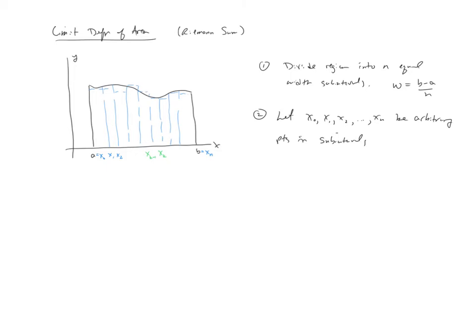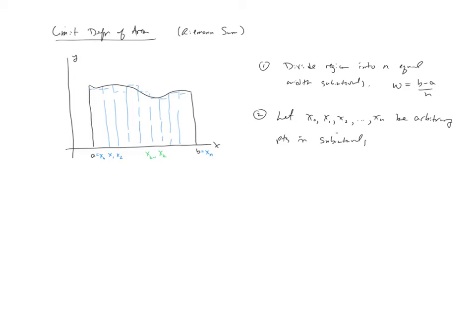So the x values are arbitrary points in the subintervals. We're going to talk more about this arbitrary points thing in the next slide, but for now they're just arbitrary points somewhere in these subintervals. So maybe one's here, maybe one's here, maybe one's here. Doesn't matter. Just arbitrary points in the subintervals. Again, that's why I'm a little bit off up here, as long as we're equal width down here.